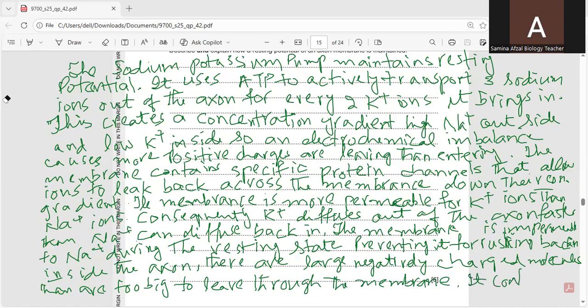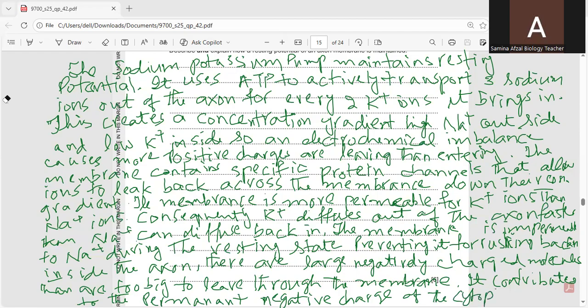It contributes to the significantly permanent negative charge of the cytoplasm.